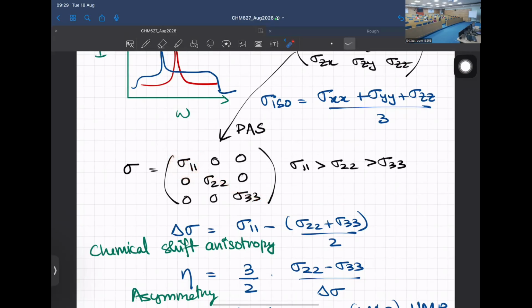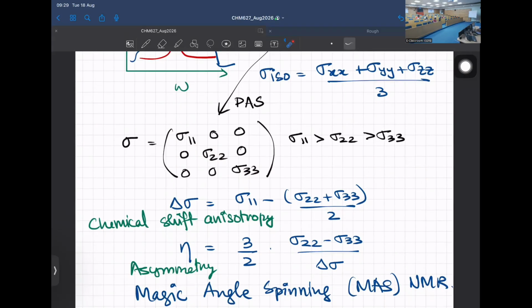So if you arrange them in decreasing order, this is going to be the major component. You could have cases where it is a totally symmetric system. Take the example of the methane molecule, where the proton has a very symmetric distribution of electron cloud around it, more or less. You're going to have these components be 0, where you measure only an isotropic component from this entire shielding tensor.